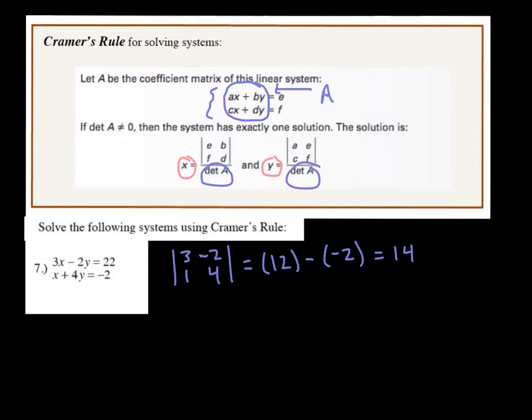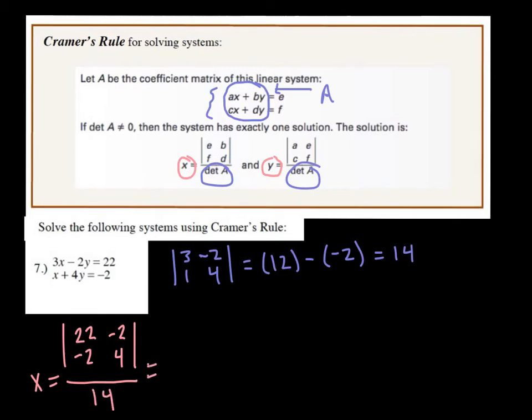So in this case, x is going to equal the determinant of 22, -2, and then our coefficients attached to our y, over that determinant that we found to be 14.